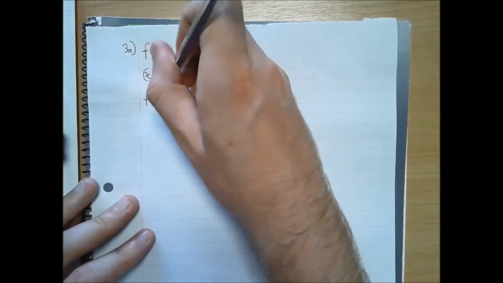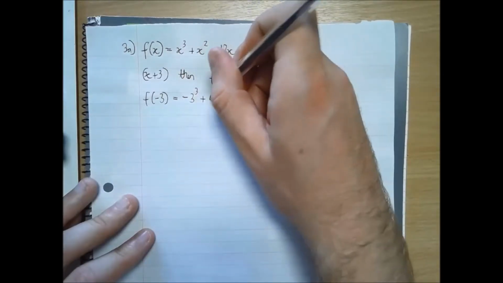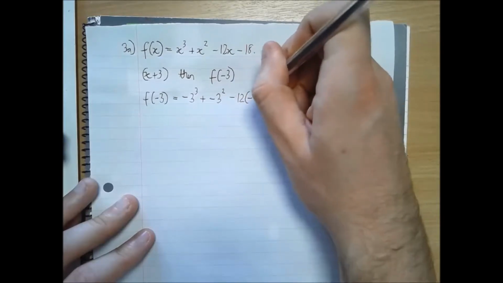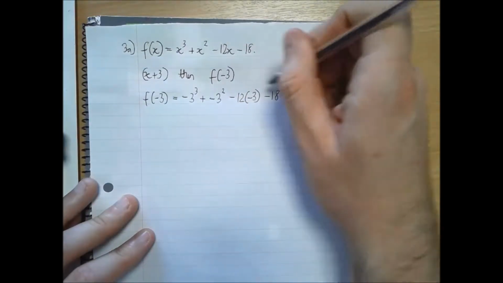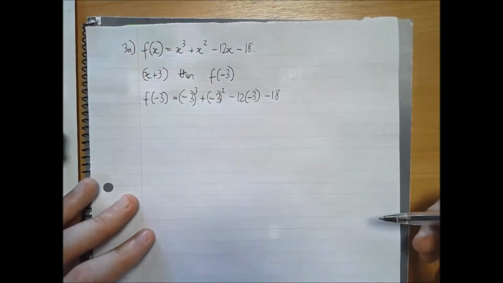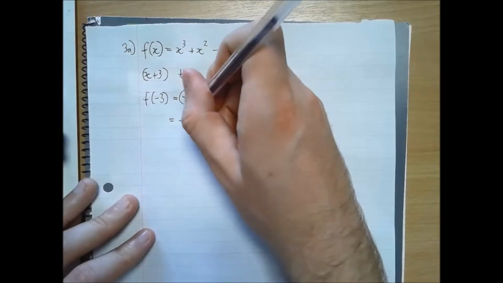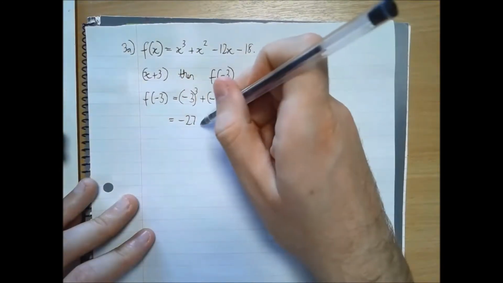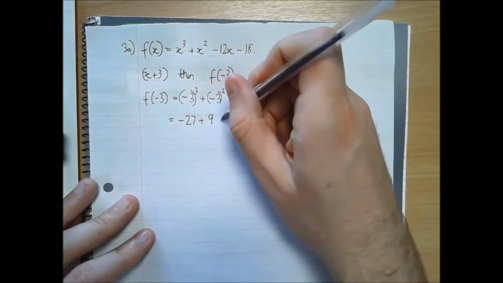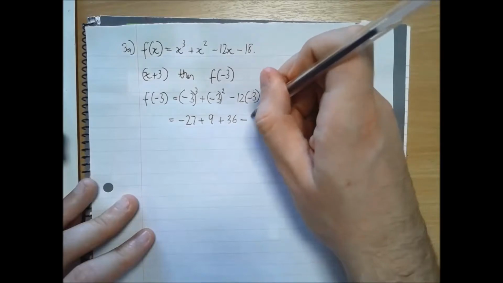So f of minus 3, put (minus 3) cubed, plus (minus 3) squared, minus 12 times (minus 3), then minus 18. Let's put brackets around them so we can distinguish. Okay, so minus 3 cubed will give us minus 27, minus 3 squared will give us positive 9, minus 12 times minus 3 will give us positive 36, and of course minus 18.